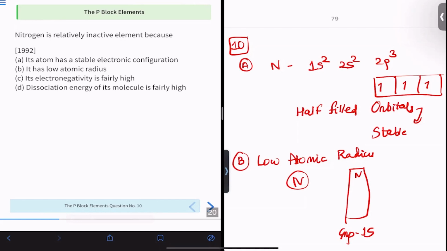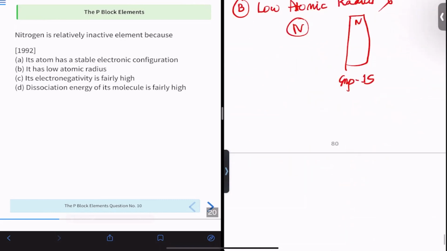But this is not the reason why it is inactive. Even fluorine has a low atomic radius, but fluorine is highly reactive. So the atomic radius has nothing to do with inactivity or activity of the elements. So option B is incorrect. Option A was also incorrect.